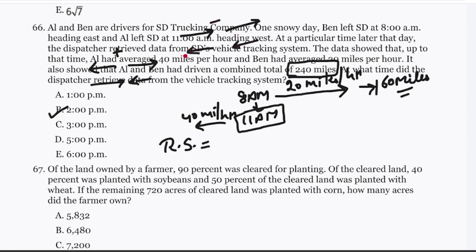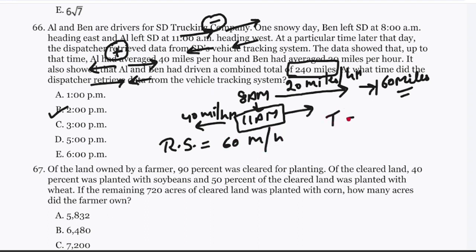When they are moving in opposite directions, the relative speed becomes 40 plus 20, 60 miles per hour.